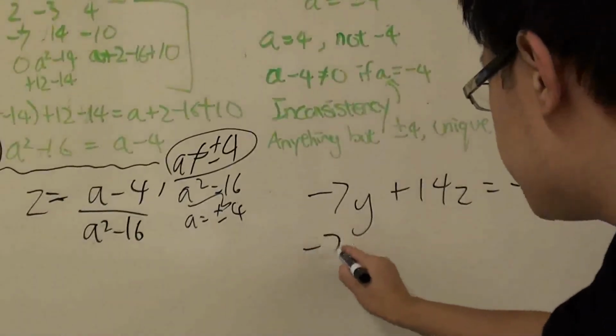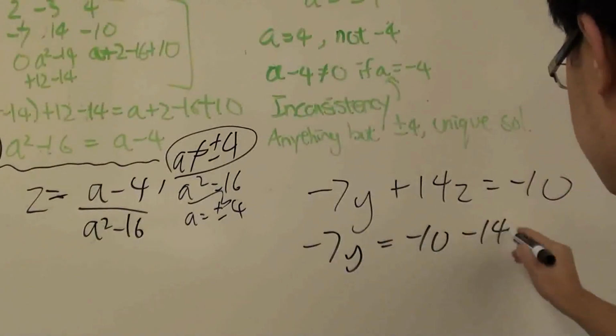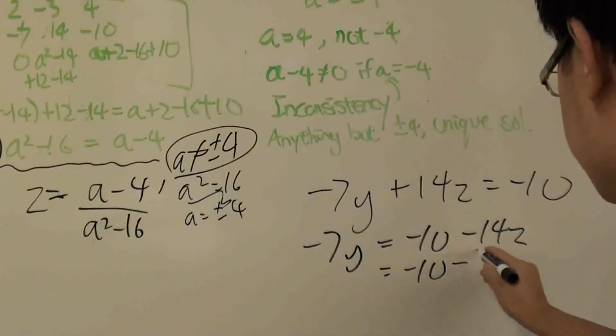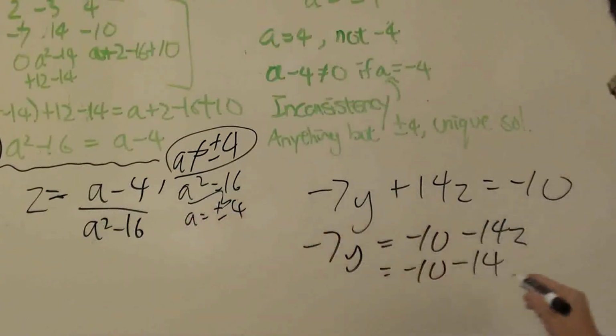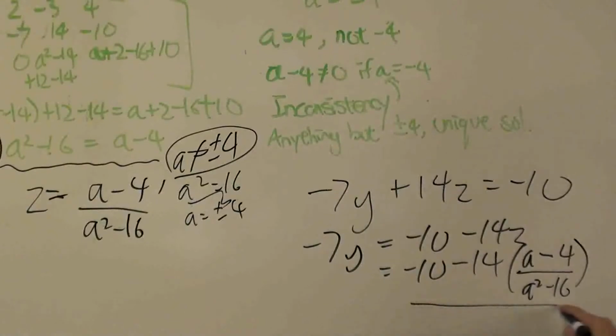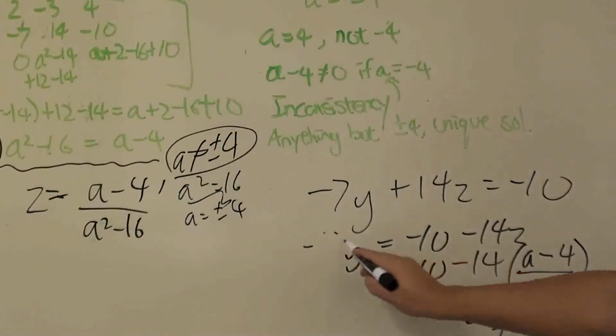So it's going to be negative 7y equals negative 10 minus 14z, and z was a minus 4 divided by a squared minus 16. We have that, and then divide the whole thing. Really should try not to swear. My apologies. Negative 7.